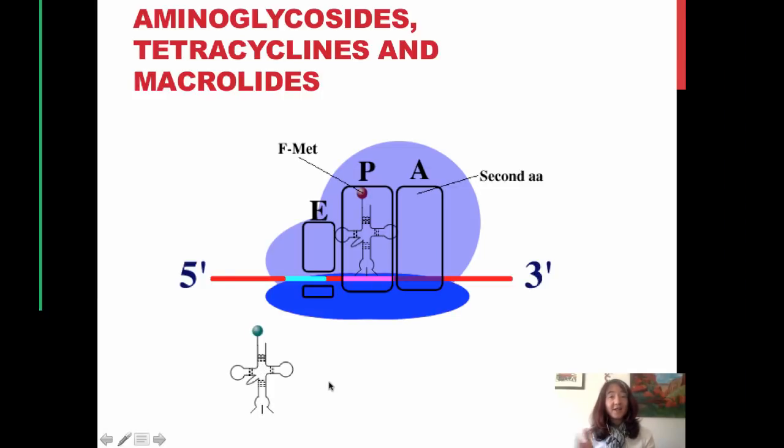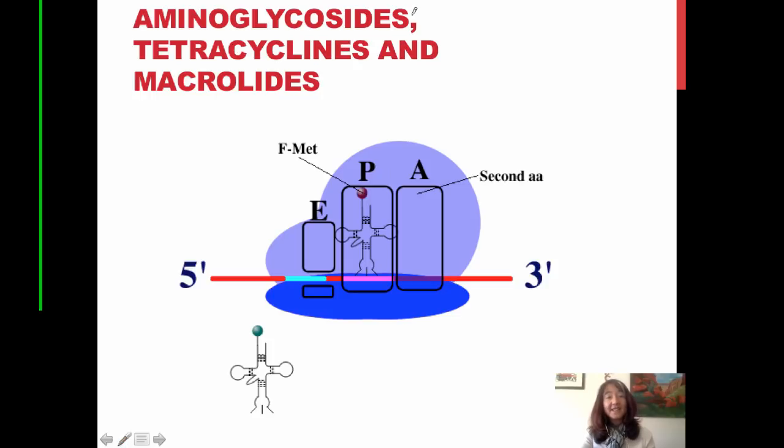Let's turn our attention to those antibiotics that target the 70S ribosome. Remember that bacteria have 70S ribosomes. We have 80S ribosomes. So targeting the 70S ribosome is a pretty attractive selective mechanism of inhibiting the growth of just bacteria and not too much harming the host. Let's begin by looking at the aminoglycosides.